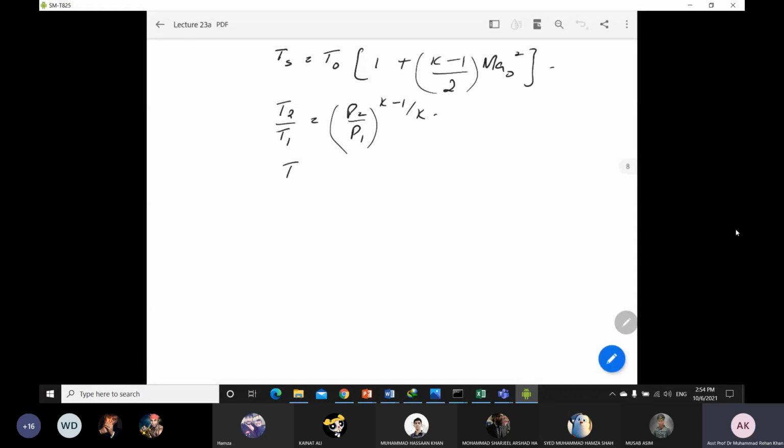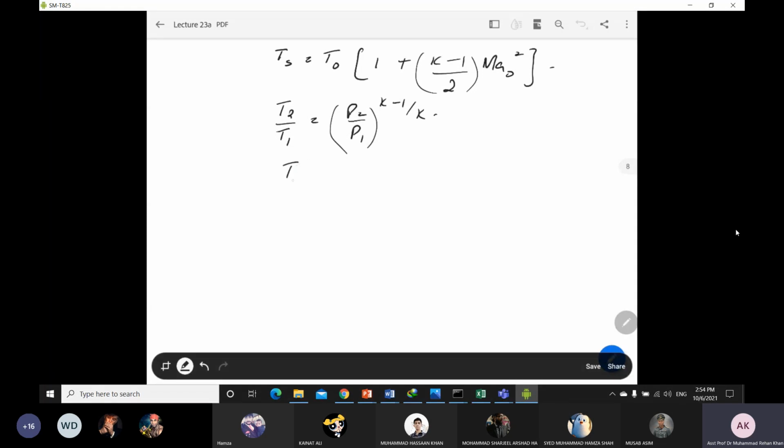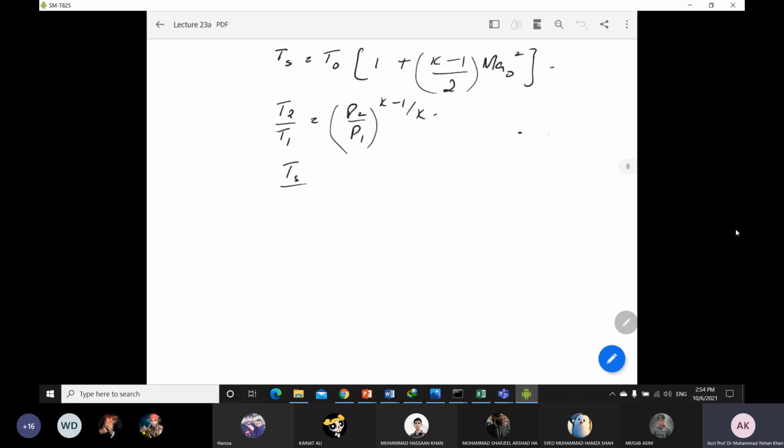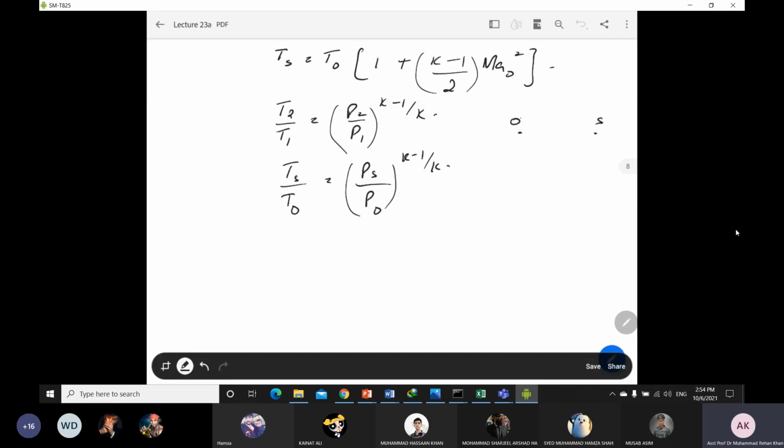Here I can denote point 2 as the stagnation point, because these are my two points, the stagnation point and point O. Ts divided by T naught is equal to Ps divided by P naught raised to K minus 1 divided by K, because we are assuming that it is an isentropic, reversible adiabatic process.